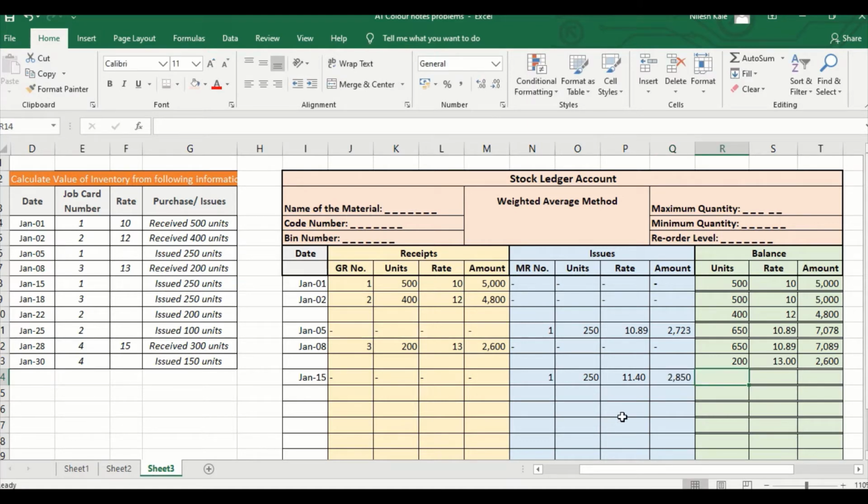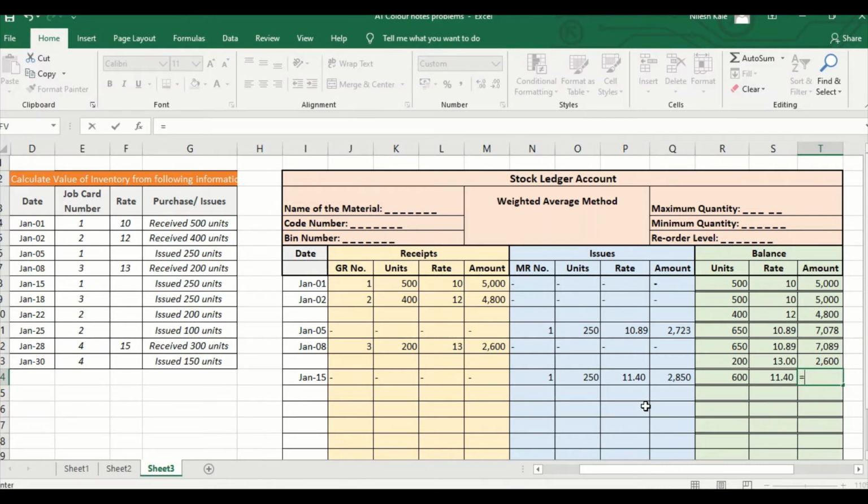Now what is the balance that I am left with? This is 850 minus 250. I know the price is 11.40. I have already calculated it here. I need not calculate it again. Now what is the balance column I am left with?